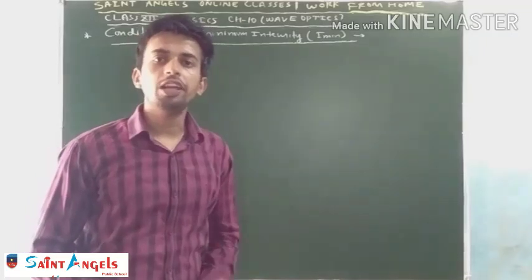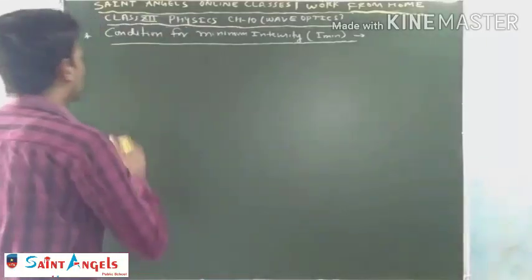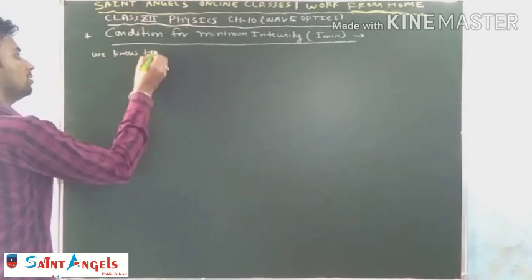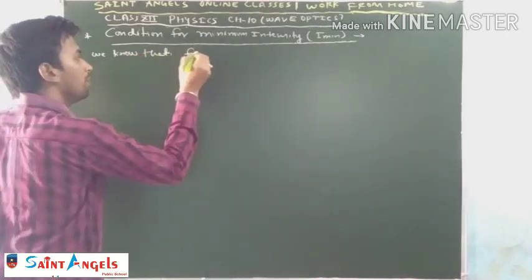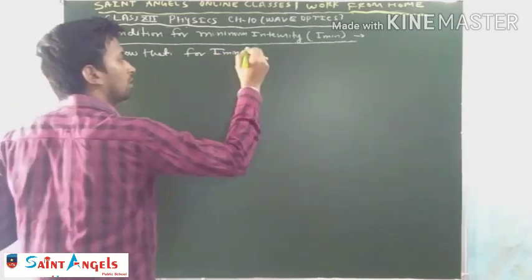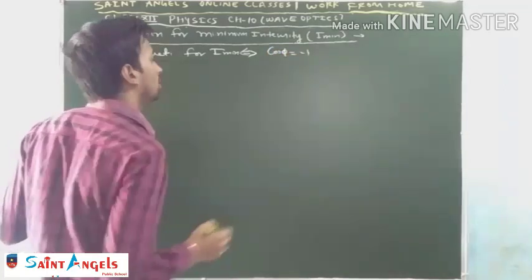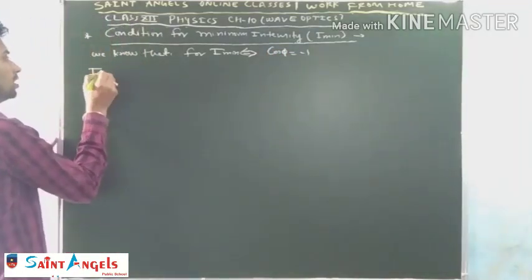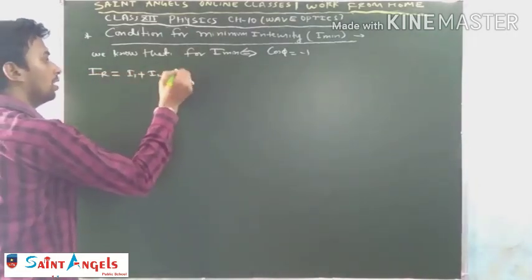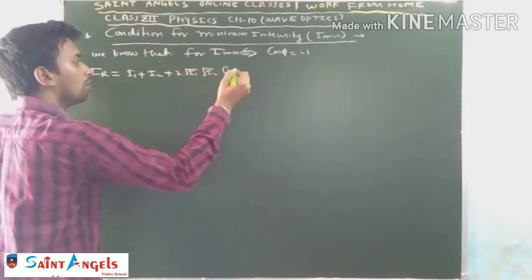Now we will find the value of minimum intensity and the value of minimum amplitude. We know that for minimum intensity, cos phi equals minus 1. So resulting intensity IR equals I1 plus I2 plus 2 root I1 root I2 cos phi.